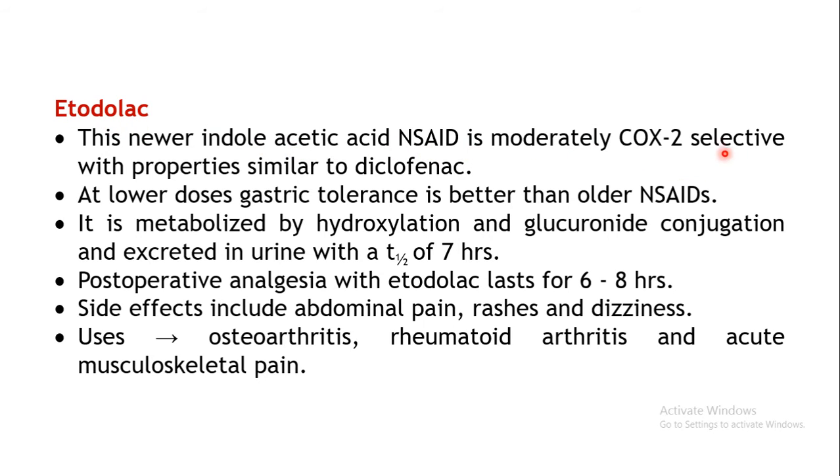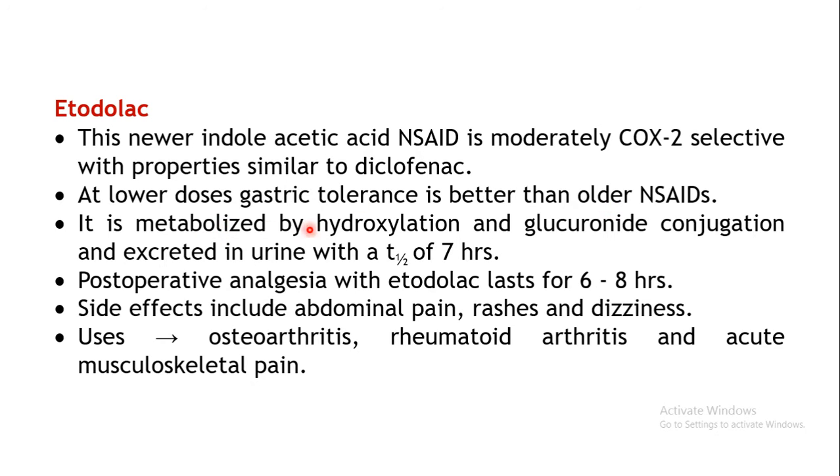Since it is more selective towards inhibiting COX-2 and has properties similar to diclofenac, it is categorized here as a preferential COX-2 inhibitor. Again, gastric tolerance is better than the older NSAIDs. So comparatively, it has a better gastric tolerance. That is, gastric erosion or ulcer precipitating tendency is less likely with this drug.